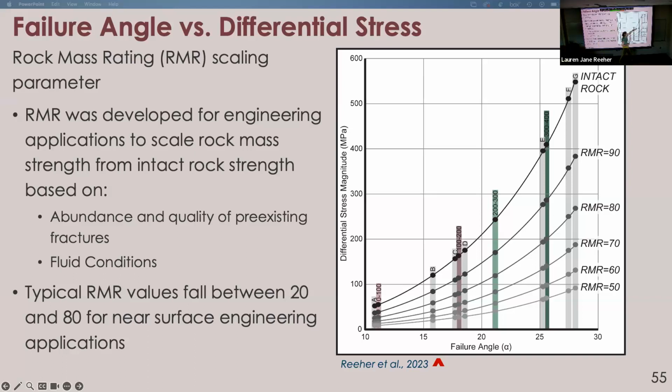But once you start applying these rock mass scaling parameters that engineers typically use, even getting down to 50, you're getting below 100 megapascals. So although we're seeing this observation and this trend, we can say that it's likely due to a reduction in differential stress magnitude, but we can't say very much about that magnitude unless we develop a good way to determine the scaling parameter down to a rock mass.